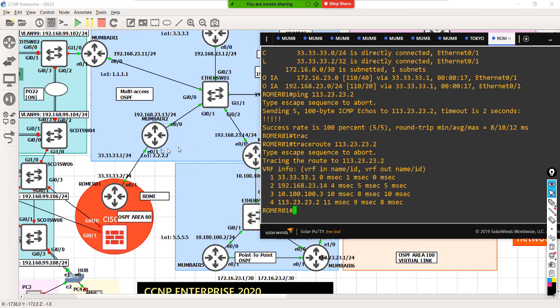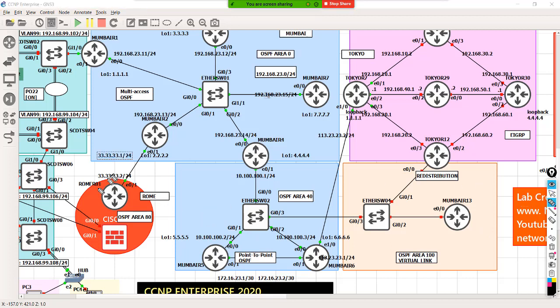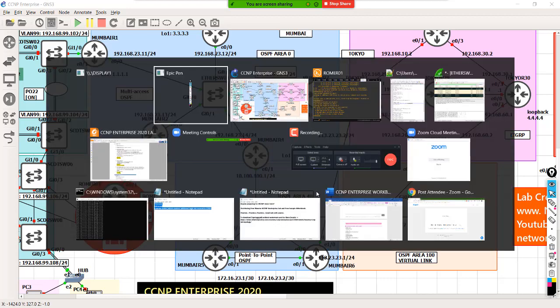If you do a traceroute, it went towards 33 first. Where is 33? Okay, this is 33. From the traceroute, it first went towards this, from there it went to this router, and this router took it to the EIGRP route. So we see multiple traceroute hops in this scenario.